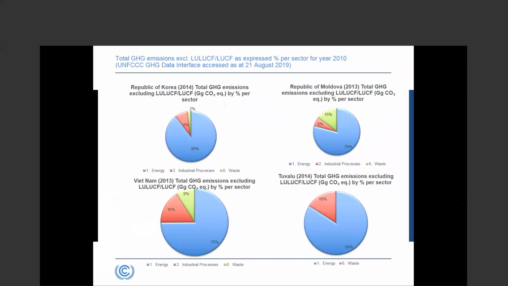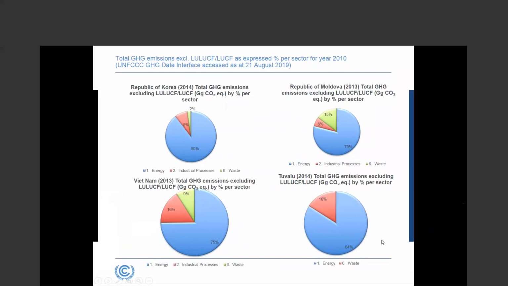Because our workshop covers Asia Pacific and Eastern Europe, here we show a comparison of the GHG profiles of different countries. 4 examples, including Korea, Vietnam, Moldova, and Tuvalu. And as you can see, for all of the 4 countries, the energy sector contributes the largest emissions in their GHG profiles.